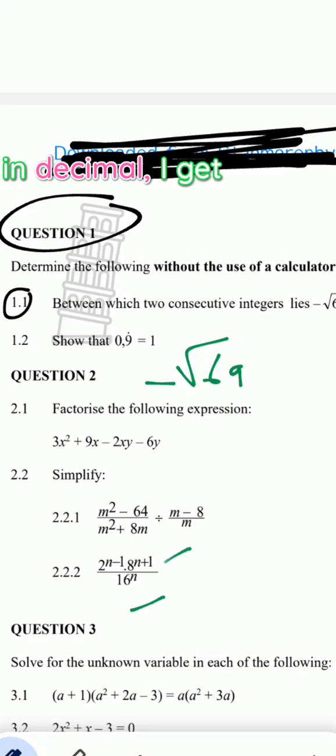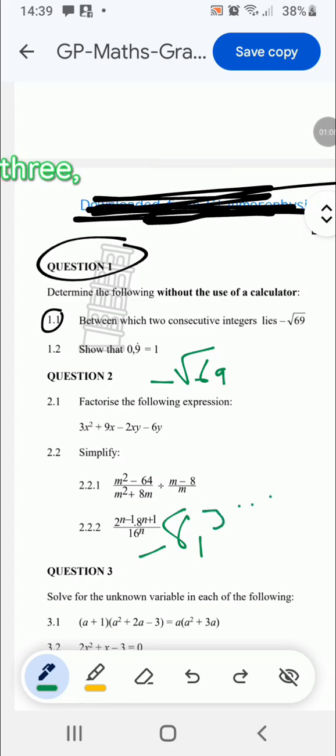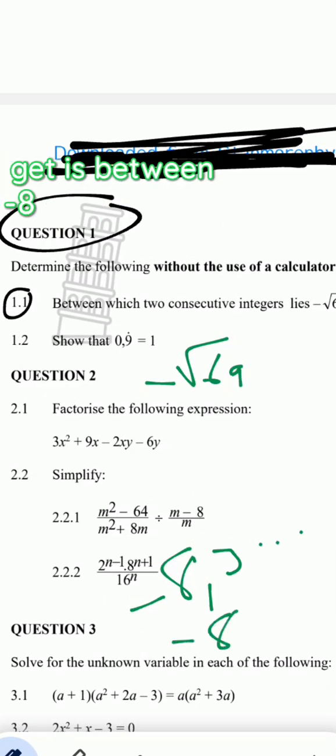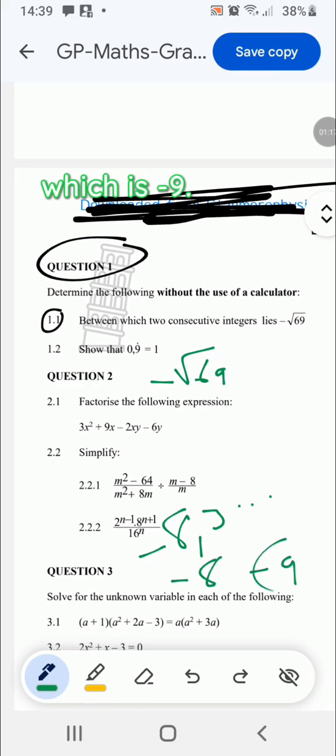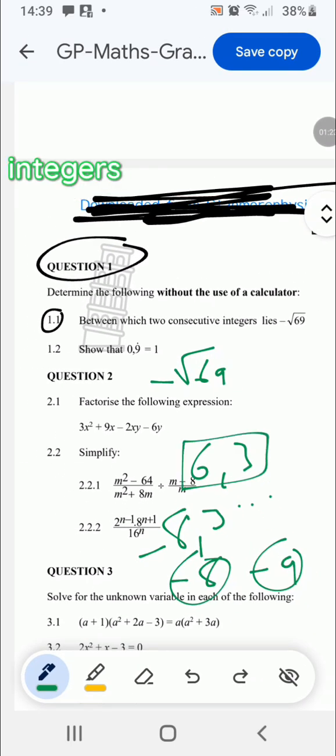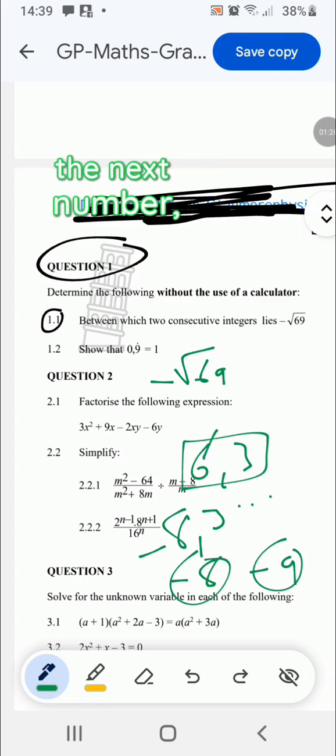In decimal, I get minus 8,3 and some bunch of numbers. Now, I know that the integer is between minus 8 and the next term, which is minus 9. Let's say I punch the calculator and I get maybe 6.3. My integers will be between 6 and the next number, which is 7.